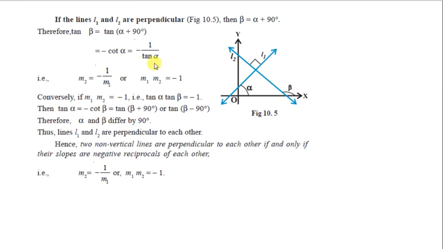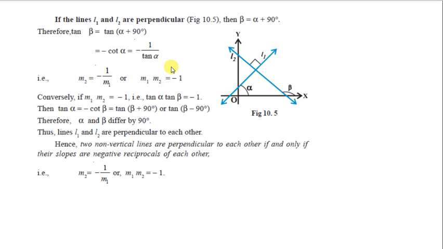So tan beta is equal to tan of alpha plus 90, and tan of 90 plus alpha is minus cot alpha, so we get tan beta equal to minus cot alpha, that is minus 1 upon tan alpha. Tan beta is the slope of the second line, that is m2, and tan alpha is the slope of the first line, that is m1, so we get m2 equal to minus 1 upon m1, or we can say m1 m2 equals minus 1. So this is the condition for perpendicularity of two lines.